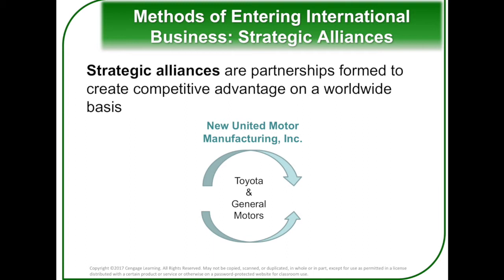Strategic alliance is where you take usually two large companies that have a competitive advantage on a worldwide basis and put the products together. Good example, it's called New United Motor Manufacturing Company. They take Toyota and General Motors, who make a strategic alliance.